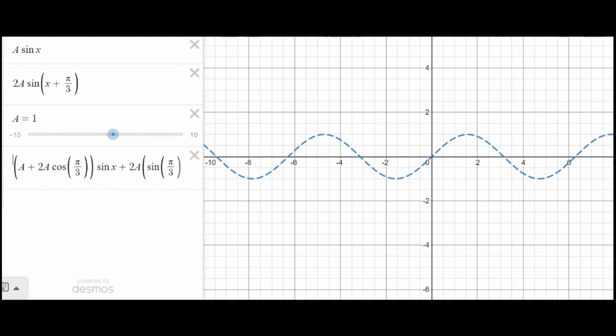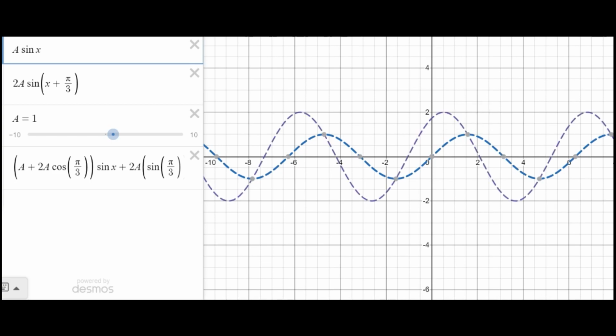This wave has an amplitude of 1. Now, in the question, they have given your second wave. This purple wave is your second wave. This second wave has an amplitude of 2.